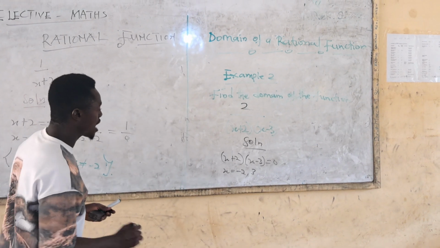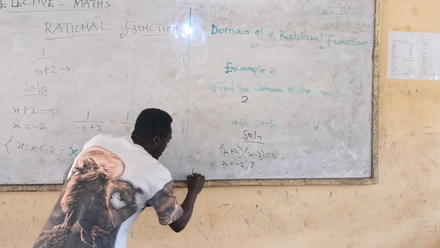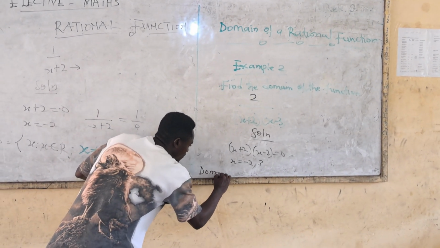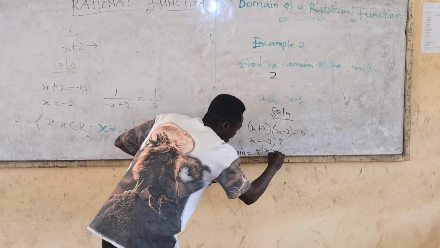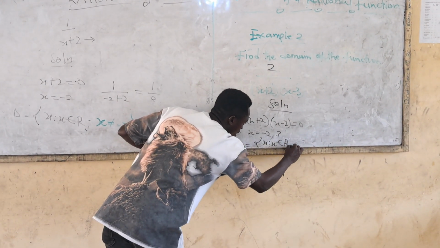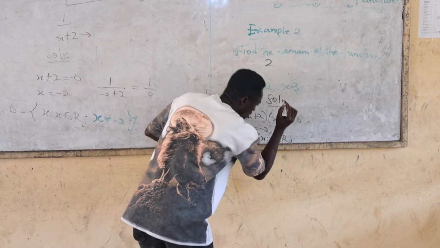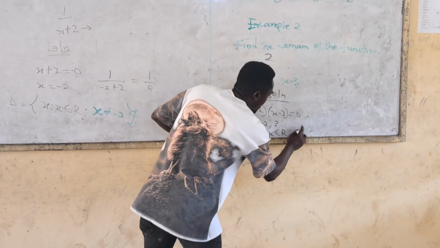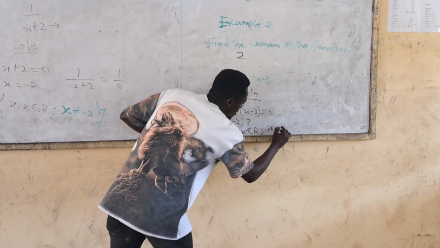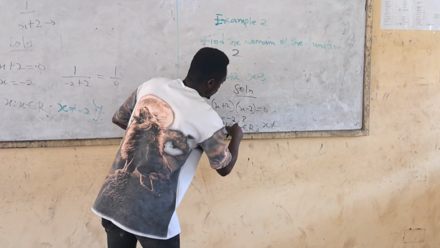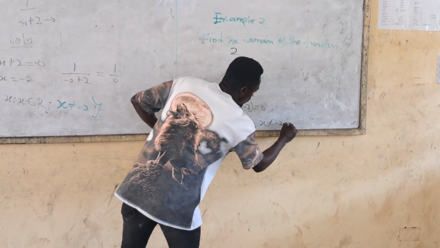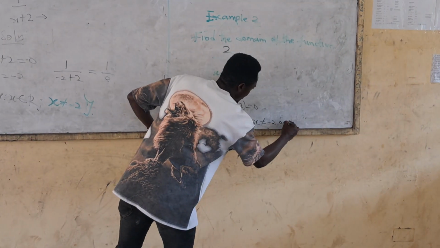So therefore, the domain equals the set of x such that x belongs to all real numbers, except when x is not equal to negative 2 or 3.